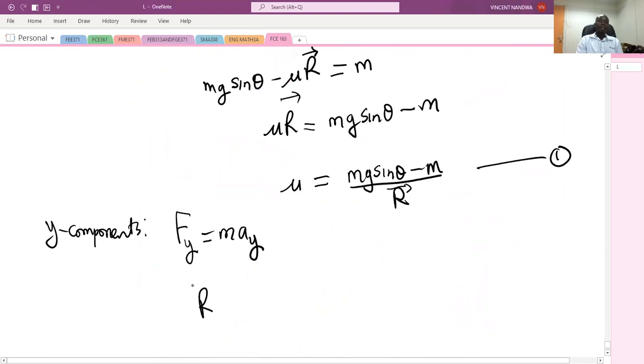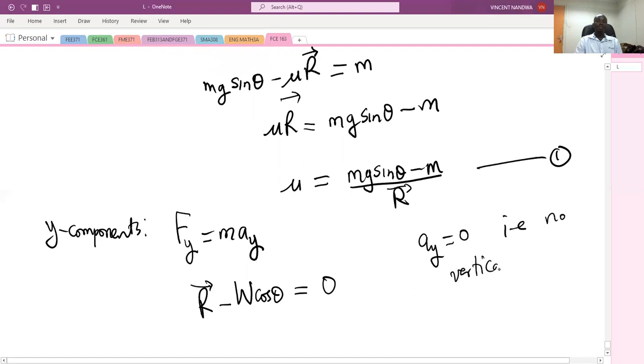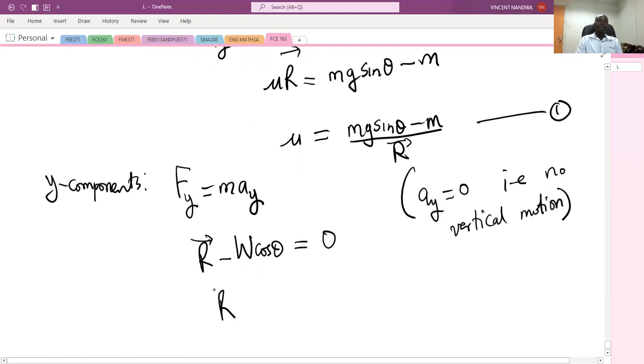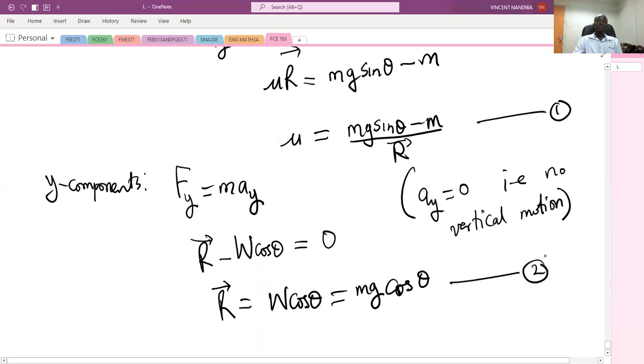So R minus W cos of theta is equal to 0 because ay is equal to 0, i.e. no vertical motion. So R will be the same as W cos of theta, which is the same as mg cosine of theta. So call this one equation 2.